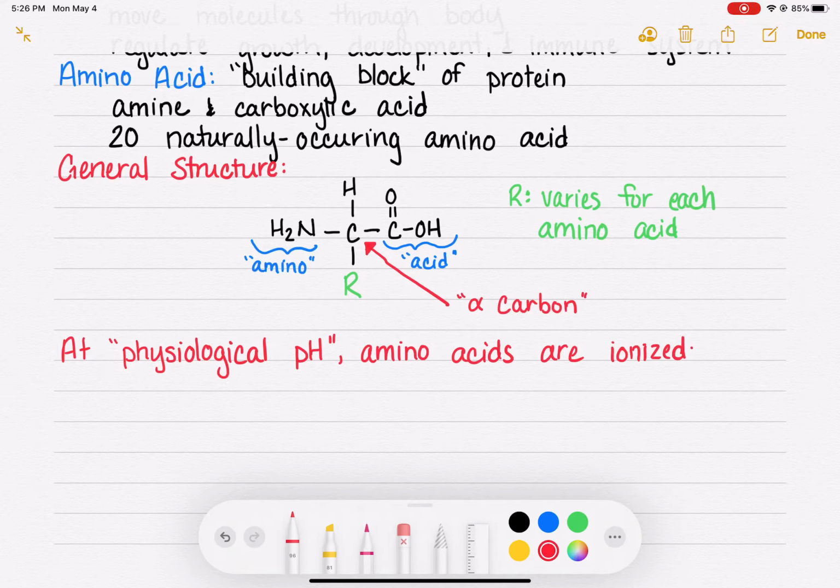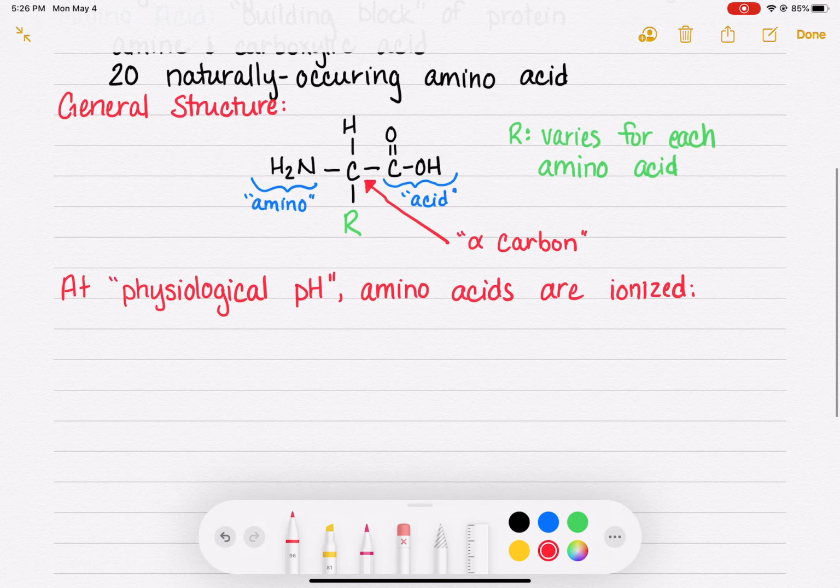And this ionization process involves taking this hydrogen atom from the acid portion of the amino acid and actually moving it to the other side of the molecule. So it moves over to the amino part.